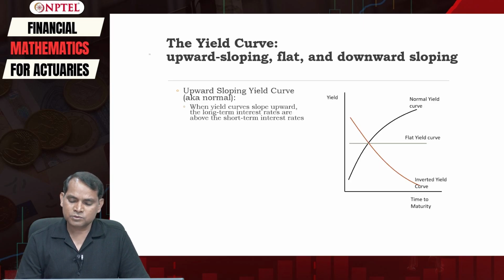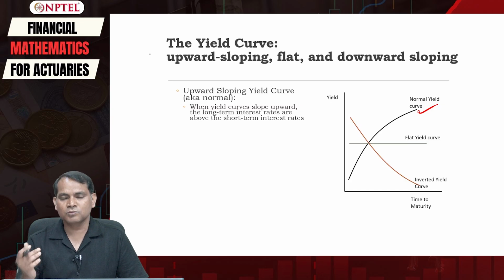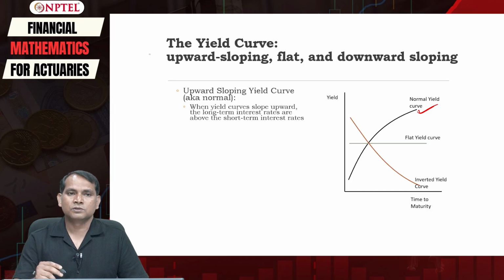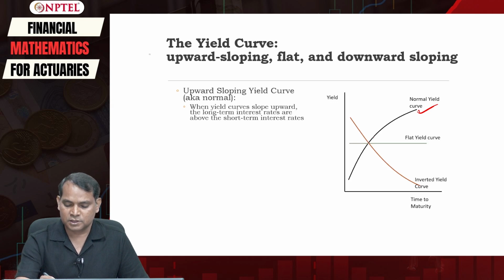When the yield curve slopes upward, the long term interest rates are usually higher than the short term interest rates. So when long term rates are higher than short term rates, the yield curve is a normal or upward sloping yield curve. This is the black one here.